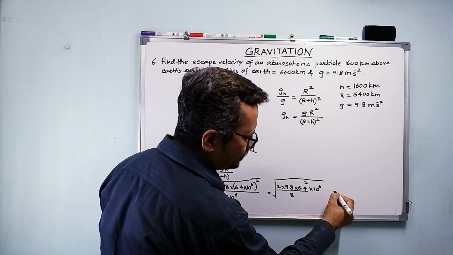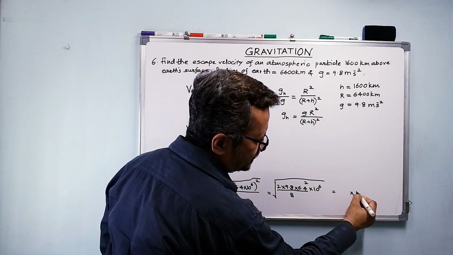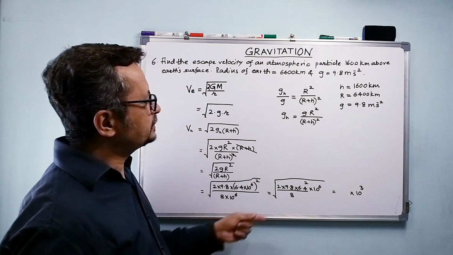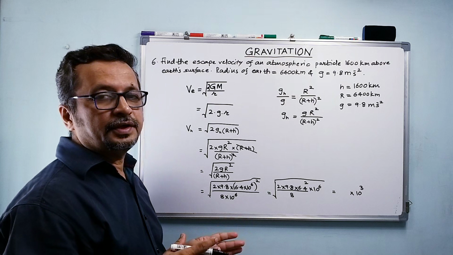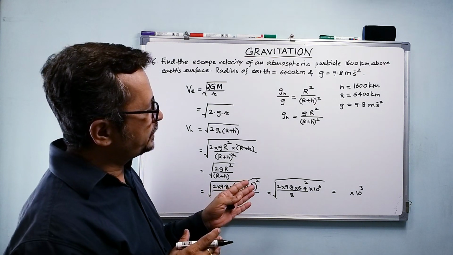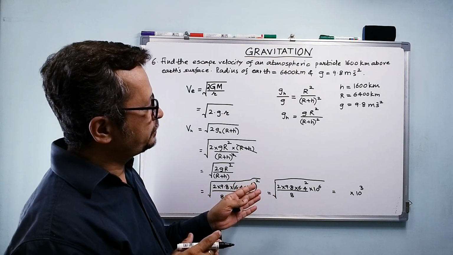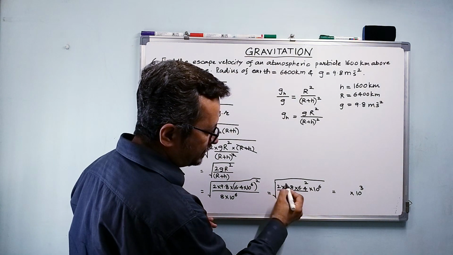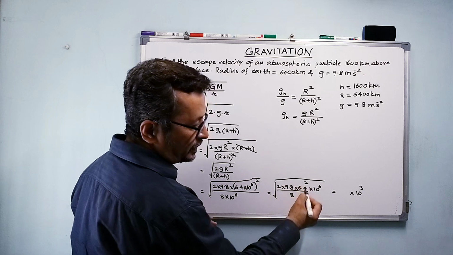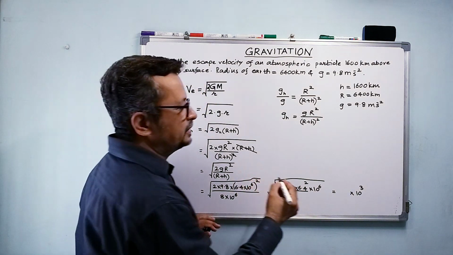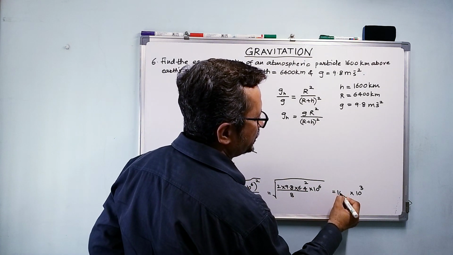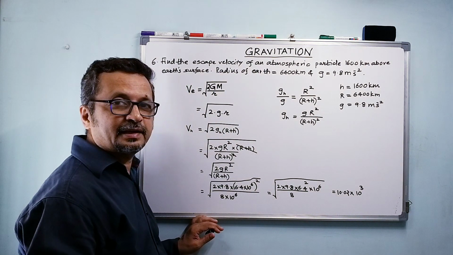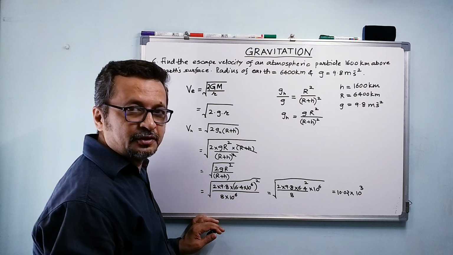That 10 raised to the power 6 is going to become 10 raised to the power 3 here, and then this whole thing is going to be equal to 6.4 into something like 10, because this whole thing is going to become 100. So this will be something like 10.02.